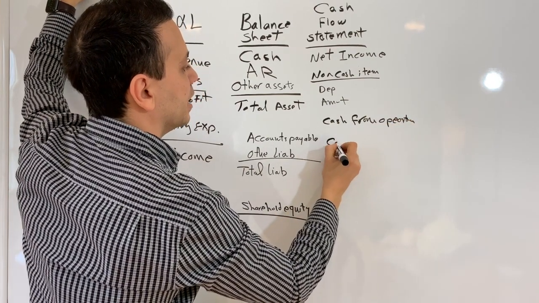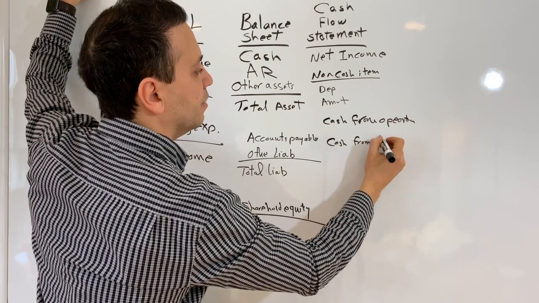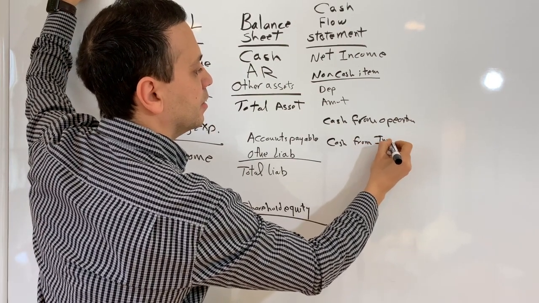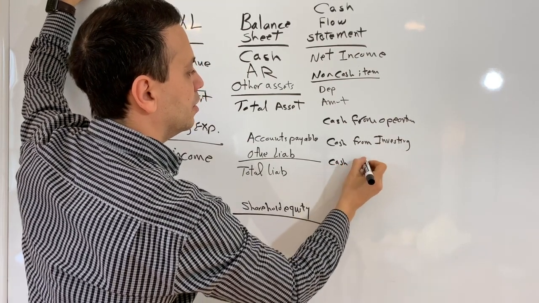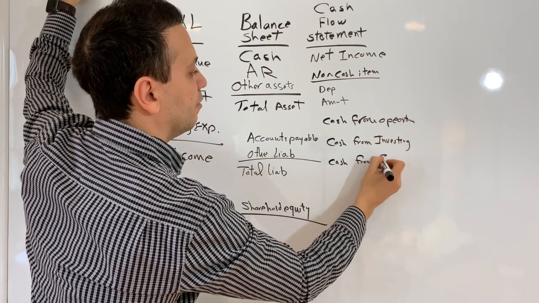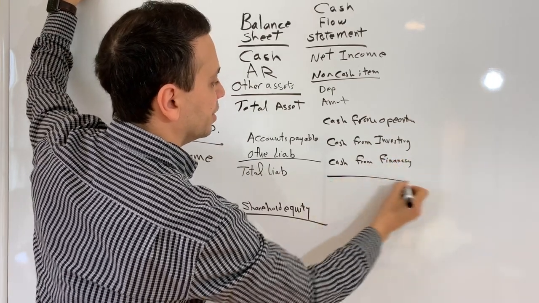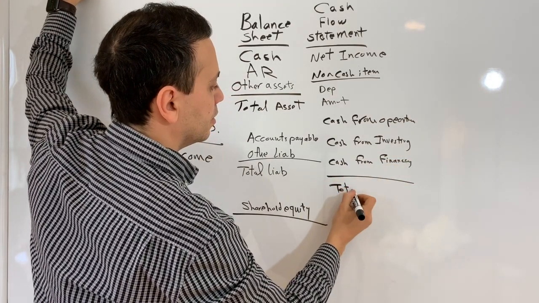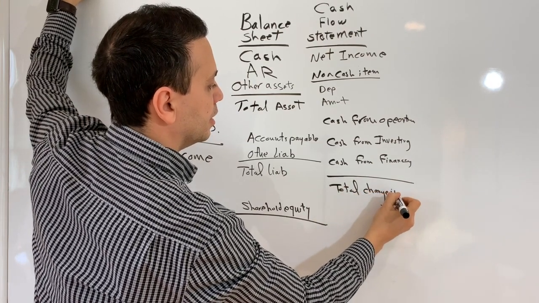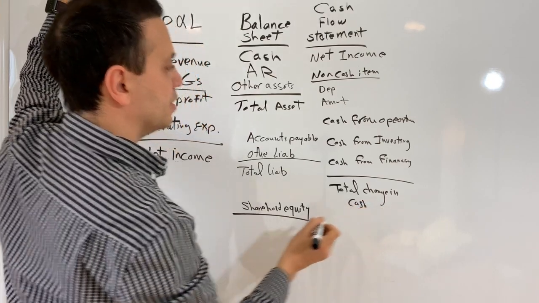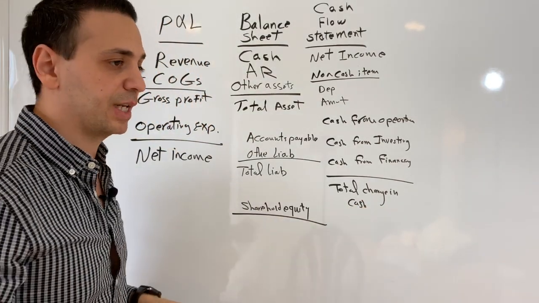You'll have cash from investing, and then you'll have cash from financing, and that will be total change in cash. And so now we can talk about the relationship between the financial statements.